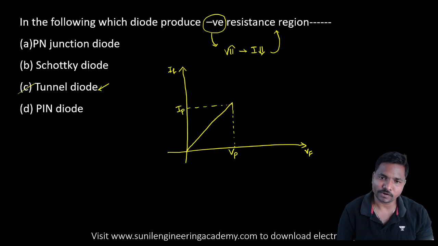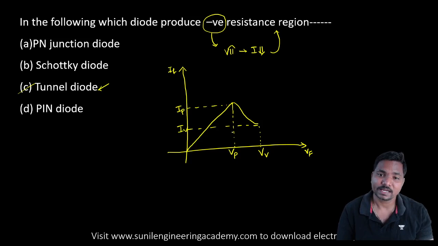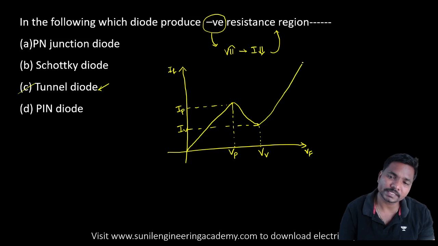After that, if you further increase the voltage, the current decreases up to a certain limit. That corresponding voltage is the valley voltage and the corresponding current is the valley current. After that, if you further increase the voltage, the current increases again.